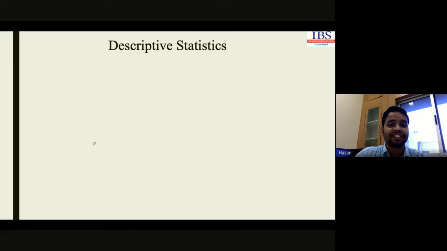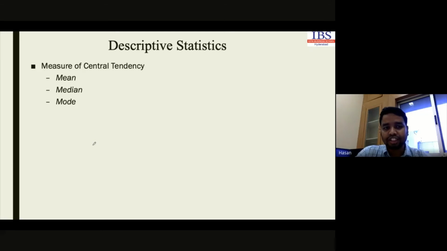What are the different statistics we have in descriptive statistics? The very first one is measure of central tendency. A distribution of data in a table or graph never tells us whether our data is following a particular trend, or where the concentration of the data is high or low.